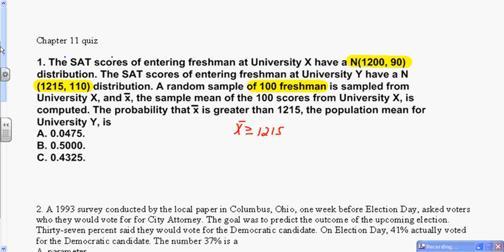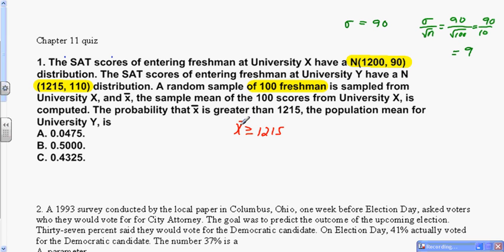Very important to acknowledge that the standard deviation, that symbol, is 90 for University X. However, when you have a sample, you take that standard deviation and divide it by the square root of your sample size. So in this case, it's the square root of 100 freshmen, which is 90 over 10, which is 9.